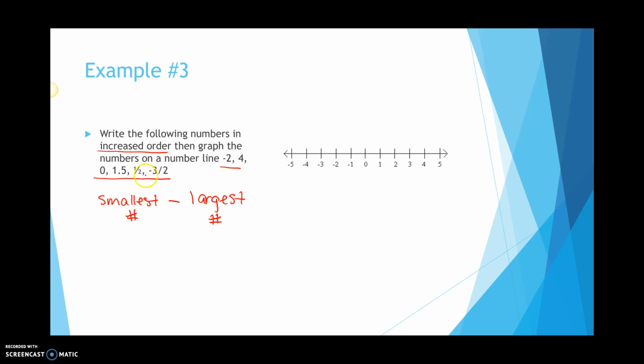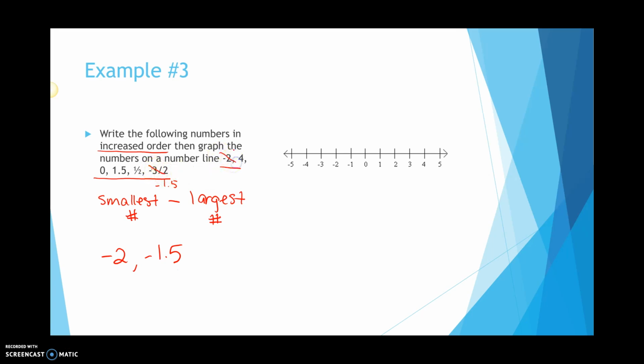So my smallest number here, negative 3/2 is negative 1.5 as a decimal. So if it's helpful for you to change that fraction into a decimal when you're looking and graphing points on a number line, then do that. So negative 3/2 is going to be my smallest number. Actually, that is incorrect. It's actually negative 2. Then it's going to be negative 1.5.